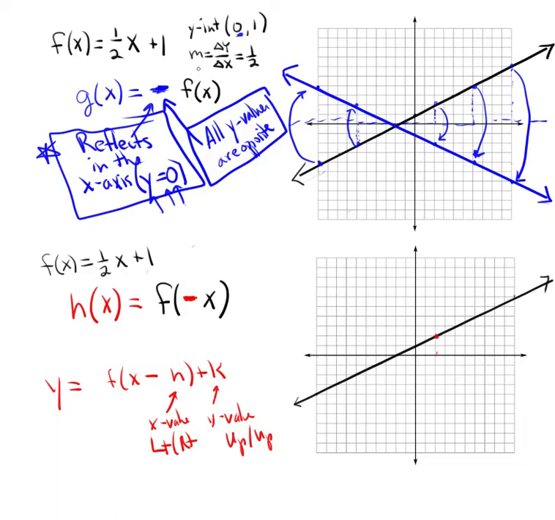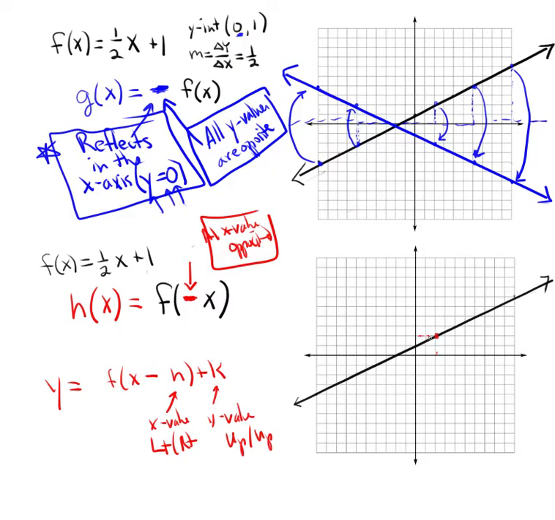So in the blue one, the previous one, the y values were opposite. So now we're inside with the x. That means all x values are opposite. So it's not the y values, but the x value that changes over here.